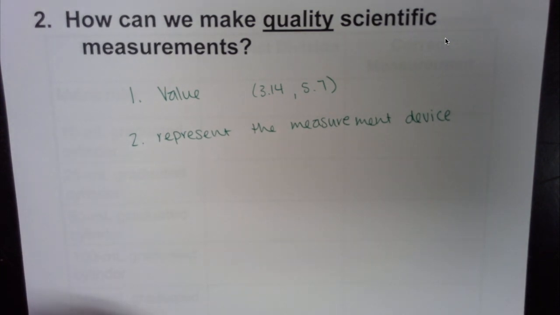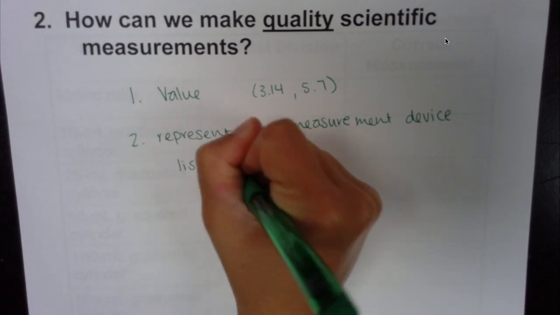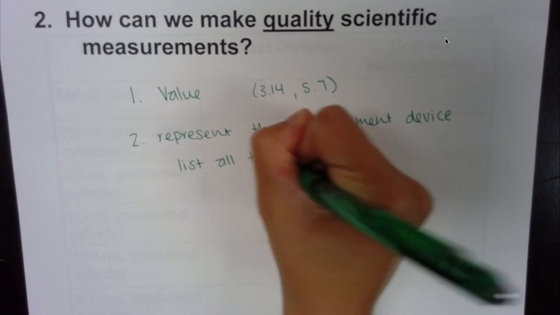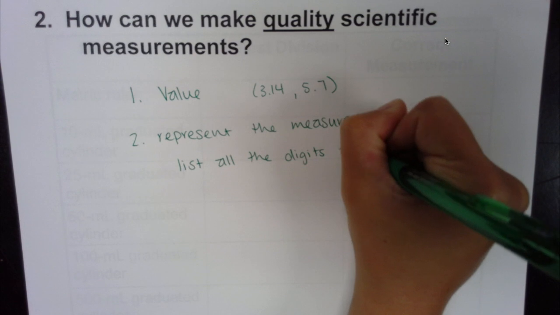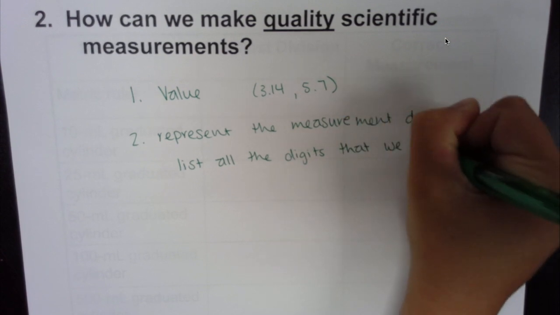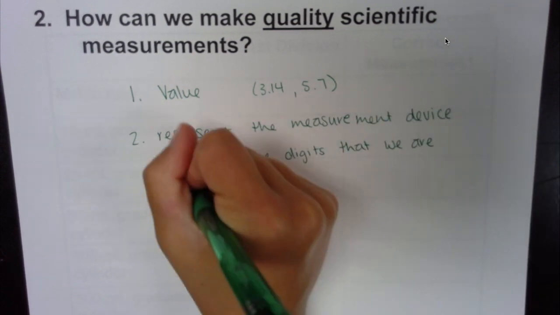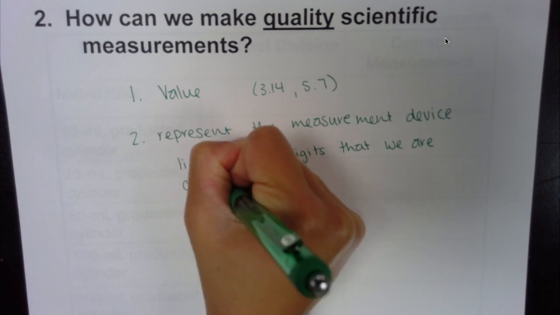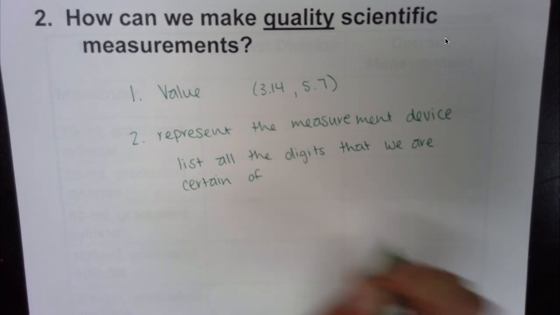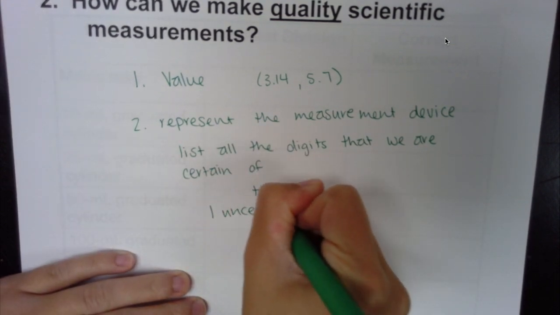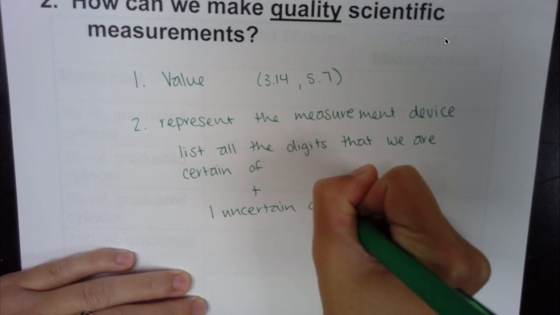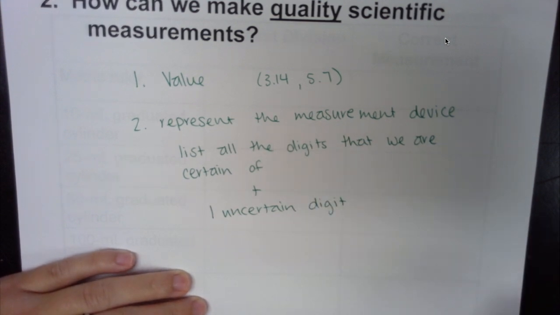So what do we know based on using that measurement device? Ultimately, we want to list all the digits that we are certain of, plus one uncertain digit. So we go one place past what we know.